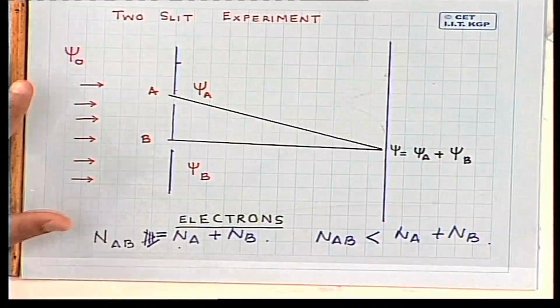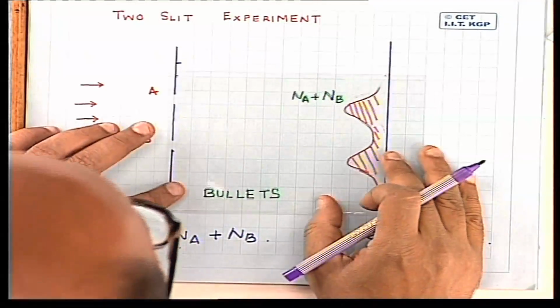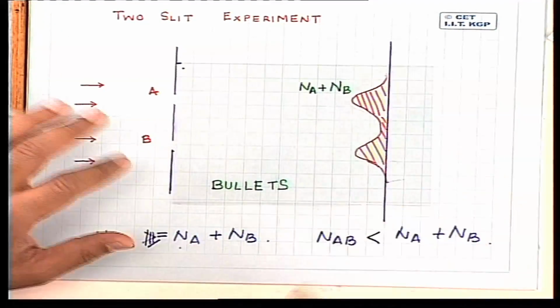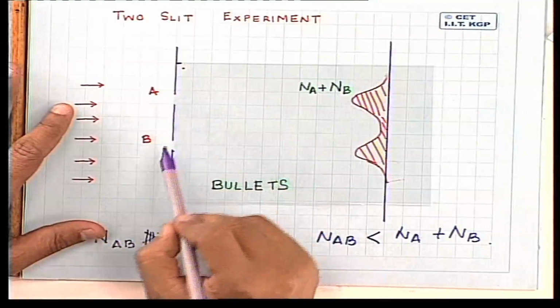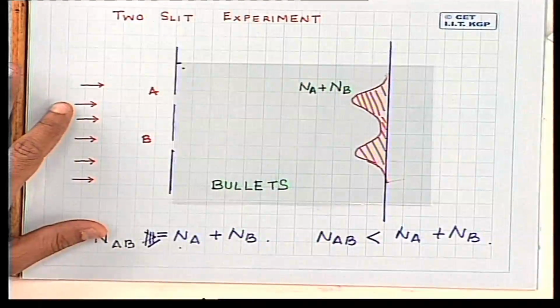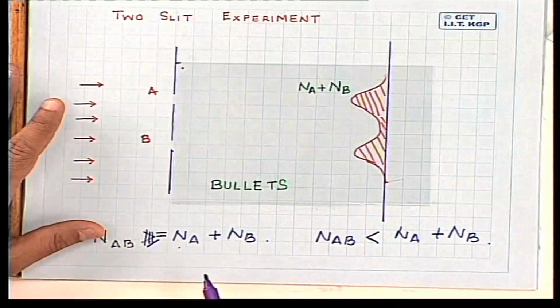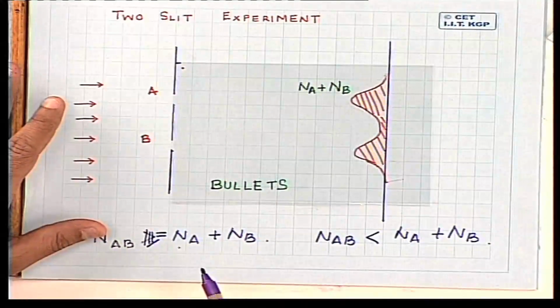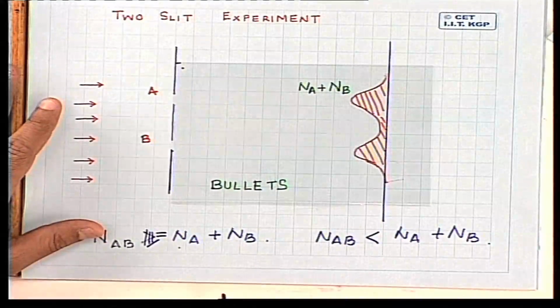You get back the predictions of the classical picture. Even if you use electrons, the moment you put some kind of device here and here which will find out if the electron went through this or through this, you lose the interference pattern.